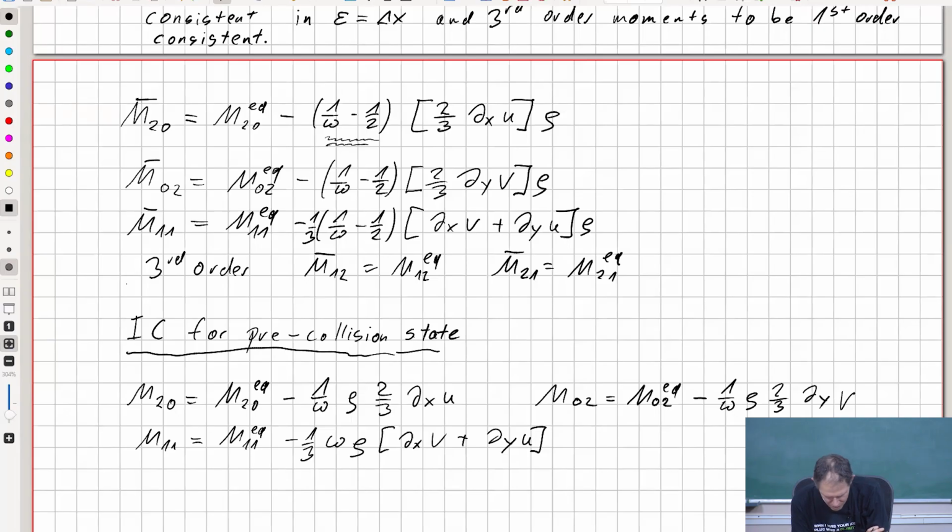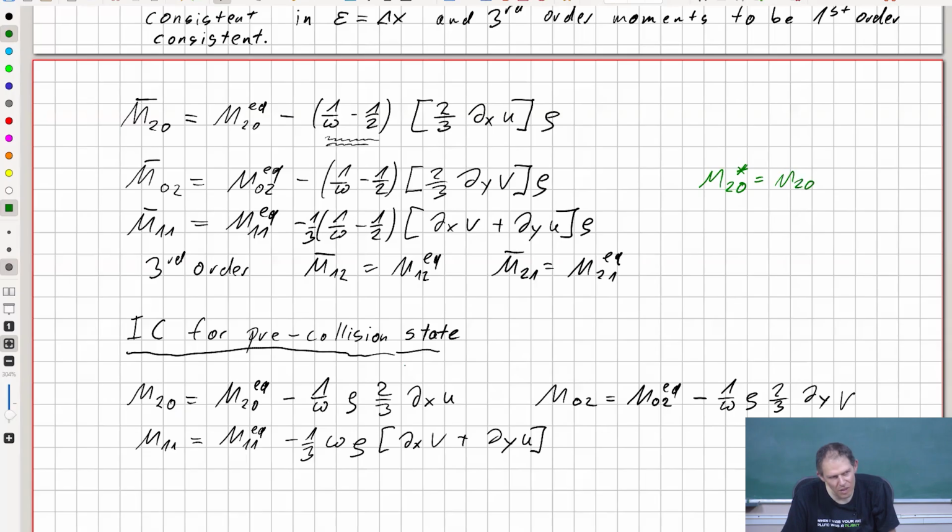M20, we need post collision, right? In the post collision. No. You mean the post collision is equal to 0? No. What I mean is post collision M20 should be equal to M20 equilibrium, right? So, okay, M20 post collision is equal to M20 itself.